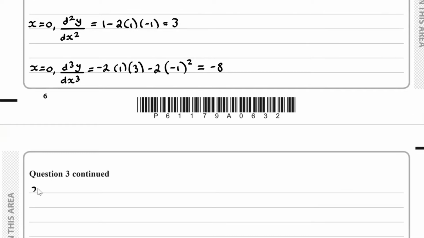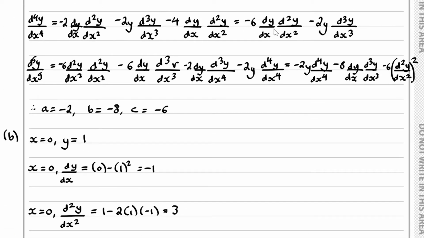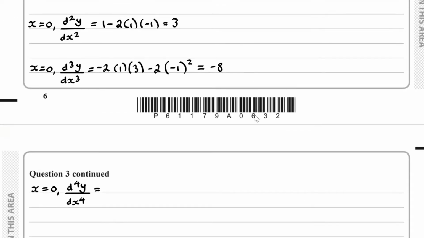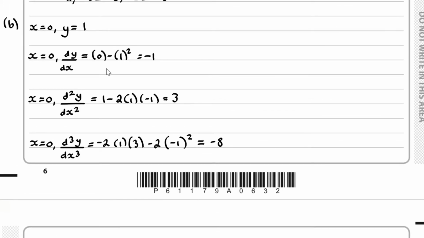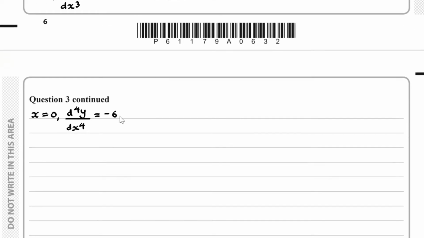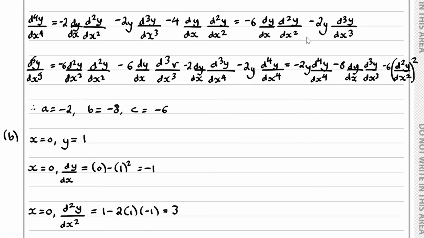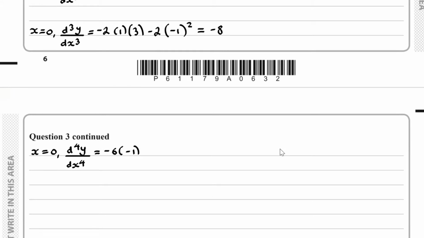Next, when x is equal to 0, d4y over dx4, that's equal to, if you look over here, we have minus 6 lots of dy over dx. So we have minus 6 lots of minus 1, lots of, if I go back, d squared y over dx squared.